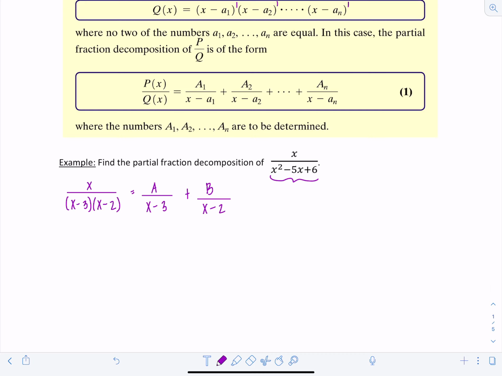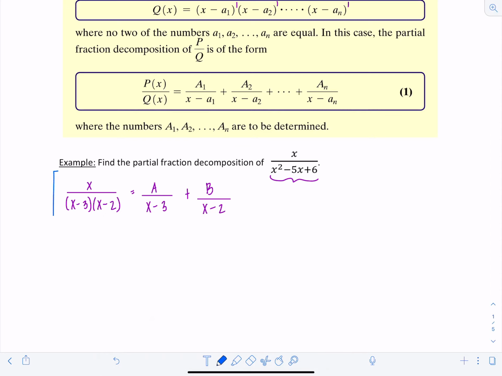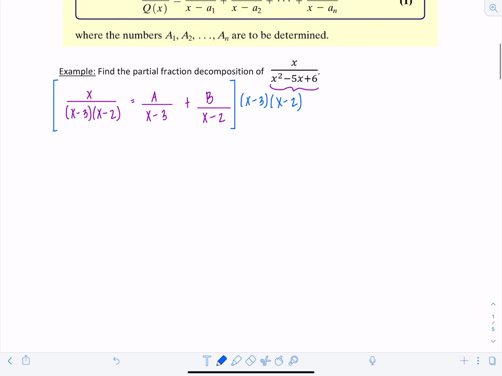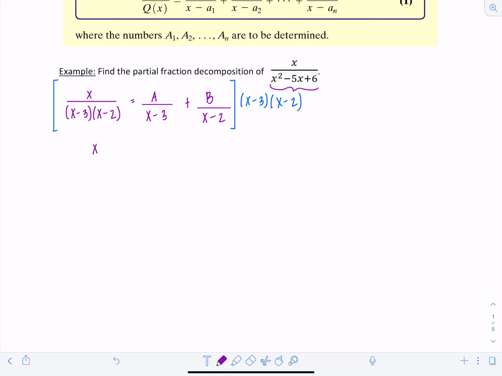What's the first step? Well, I want to multiply the entire equation by the LCD, x minus 3 times x minus 2, to clear out all the fractions. Now on the left-hand side, I'm just going to have x left over. And on the right-hand side, when I distribute this, a over x minus 3 is going to cancel.